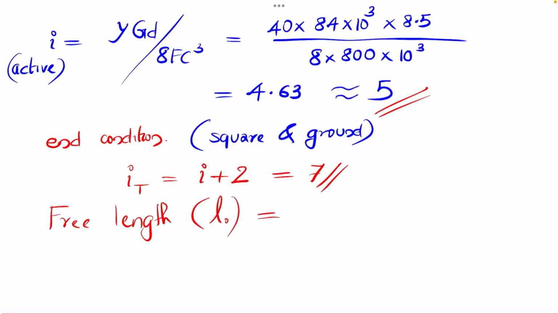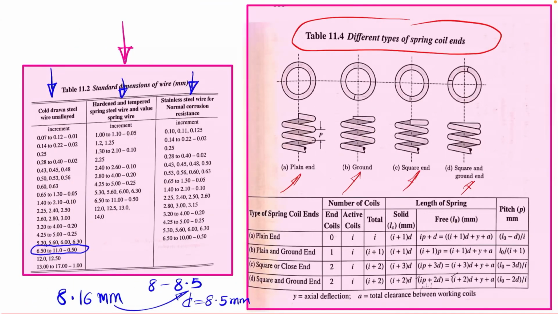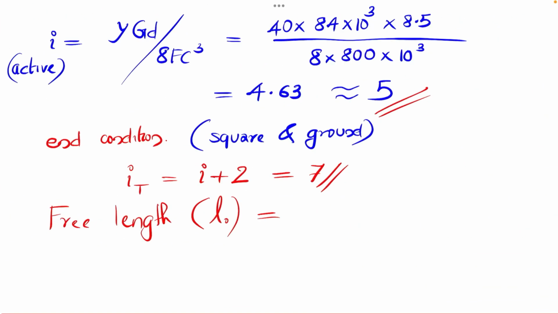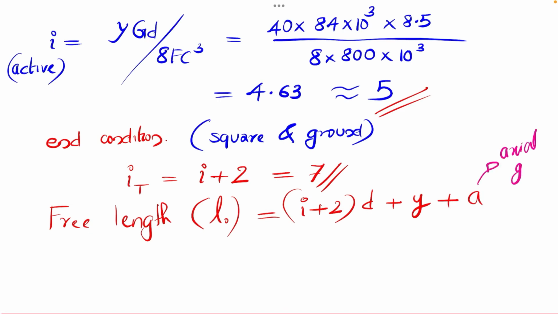From the same table we will be finding the free length. The free length is denoted by L0, and we obtain it from the right-hand side expression of the table, that is (i plus 2) into wire diameter d, plus deflection y, plus a, and this a is known as the axial gap.